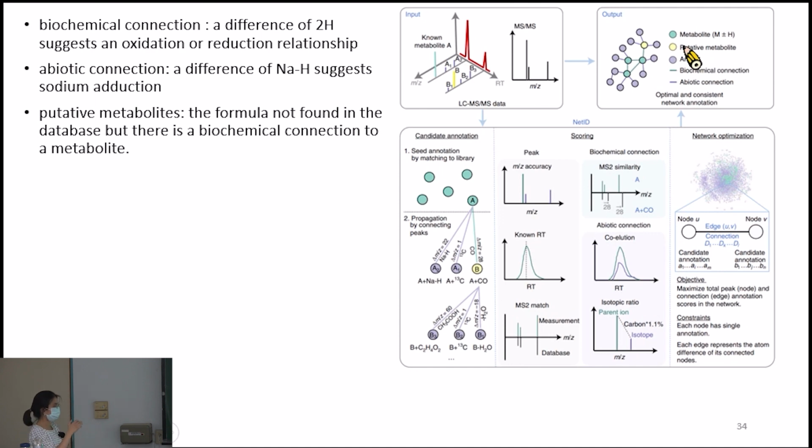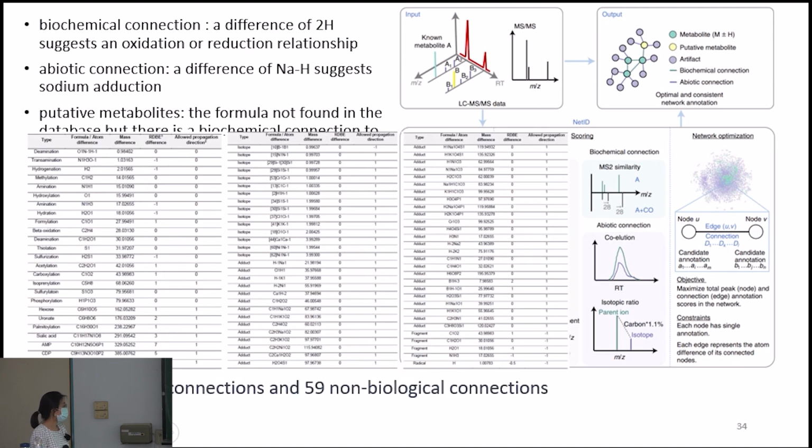So this is all the concept about this network in this NetID approach. So based on this approach, they create almost 25 biological connections and 59 non-biological connections. So based on this, they develop a unique algorithm for us to predict your unknown samples.